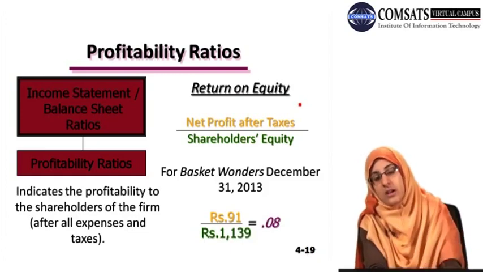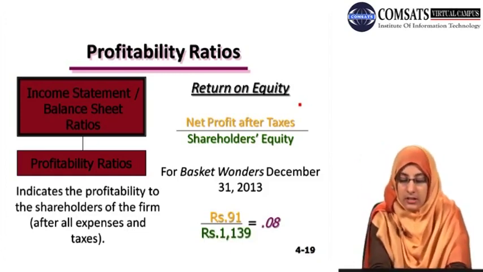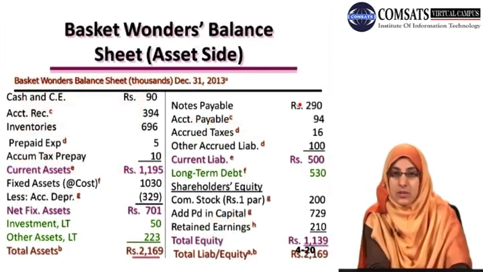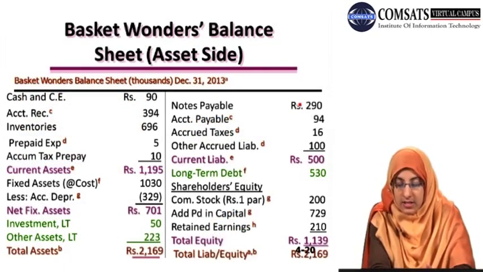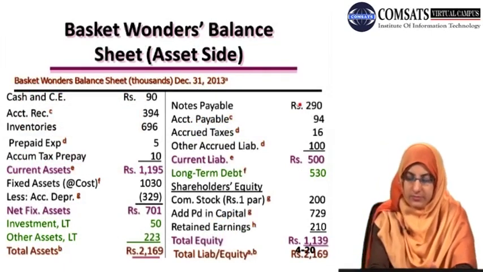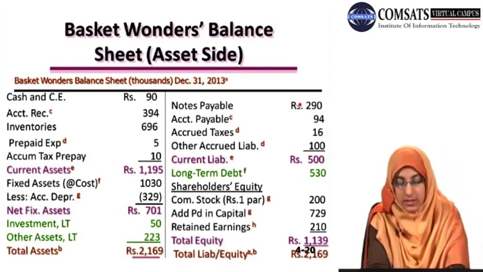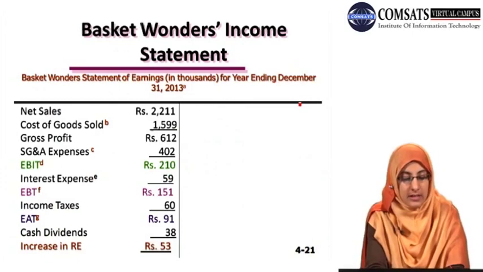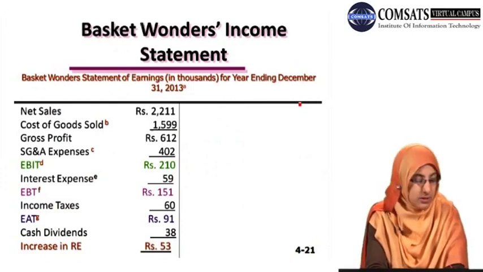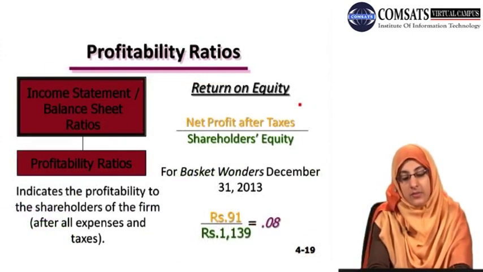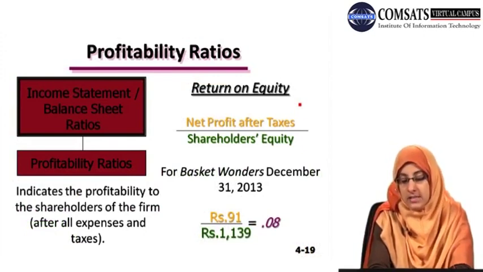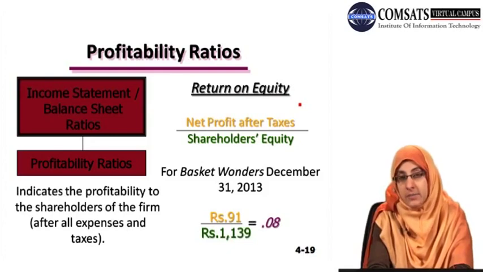If we look at the balance sheet, the total shareholders' equity is 1,139, and the net profit is 91,000 rupees. Using these values in the formula, 91,000 rupees divided by 1,139,000 rupees is equal to 0.08 or 8%.